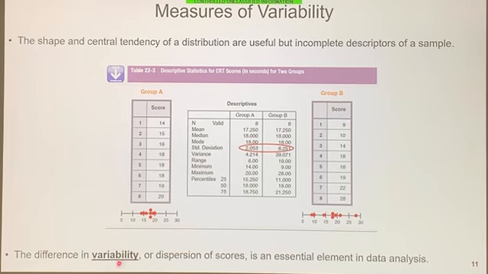So if we look at these two groups, this could be any type of study. These two groups have an N of 8, so 8 measurements for both groups. The mean, median, and mode are the same for all three, but the standard deviation is different.